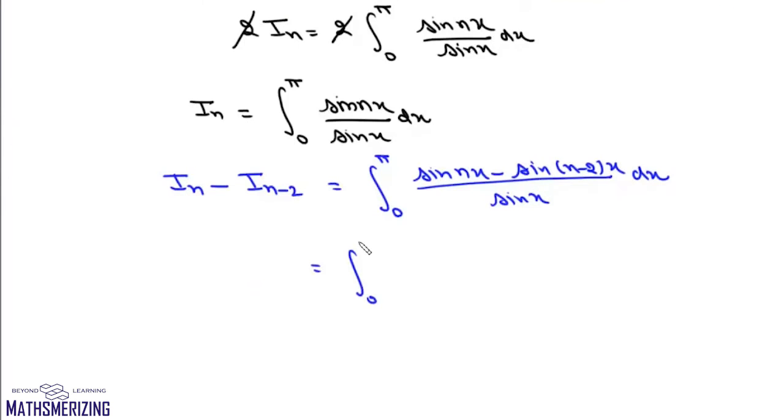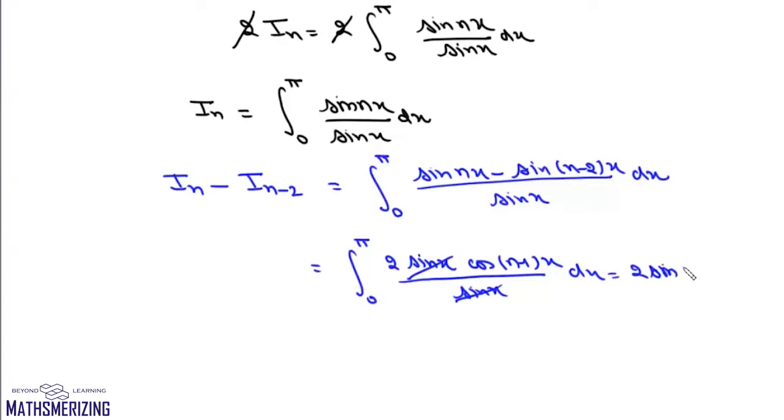Now this is sine C minus sine D. So it will be this integral from 0 to pi of 2 sine x into cos (n minus 1)x upon sine x dx. Now this sine x and sine x will cancel. Now this integral will be 2 sine (n minus 1)x upon n minus 1 from 0 to pi.